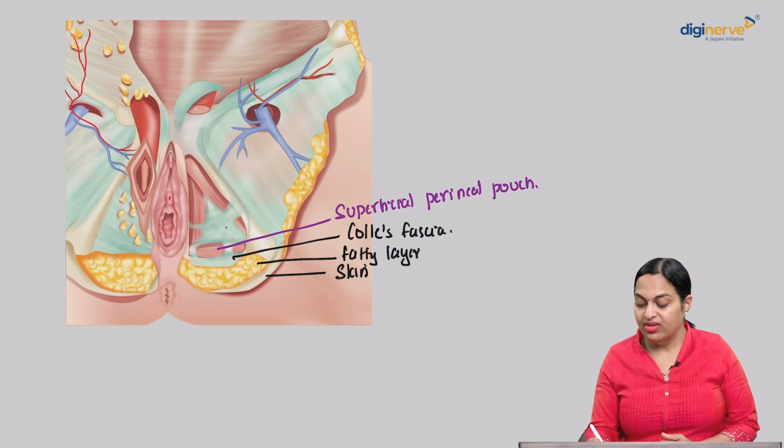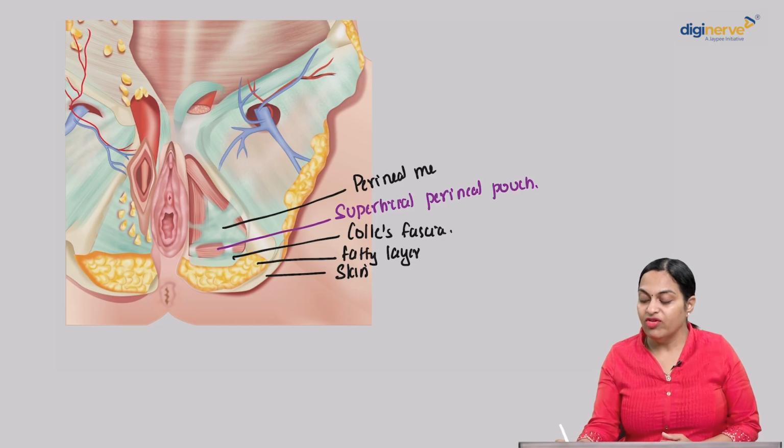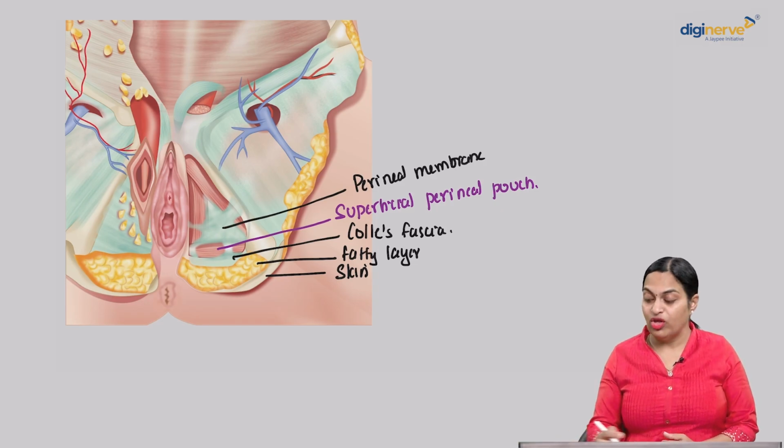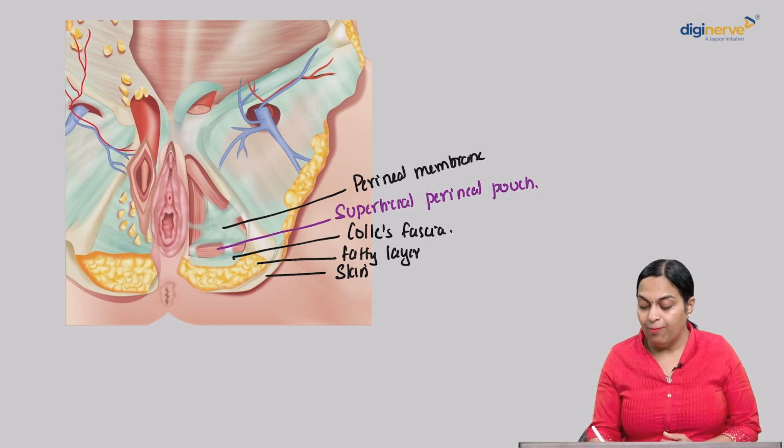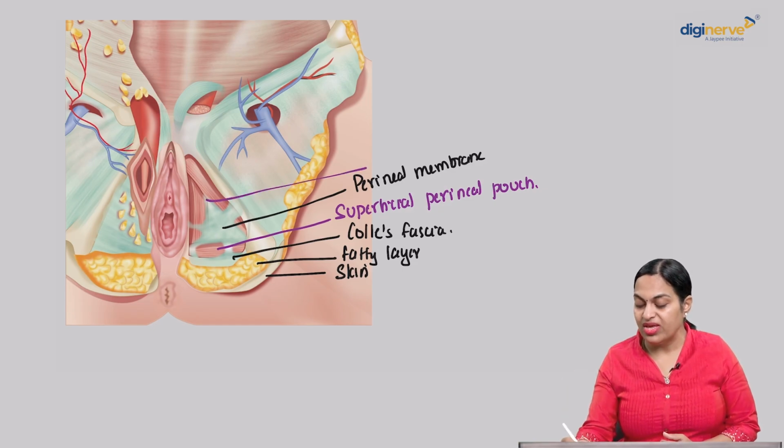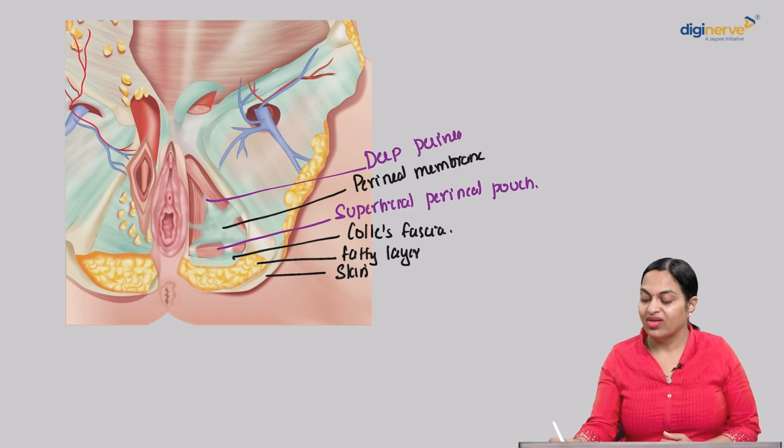And this membranous layer that you see here is the perineal membrane, which is also called the inferior fascia of the urogenital diaphragm. Above the perineal membrane, we'll get to see the deep perineal pouch.